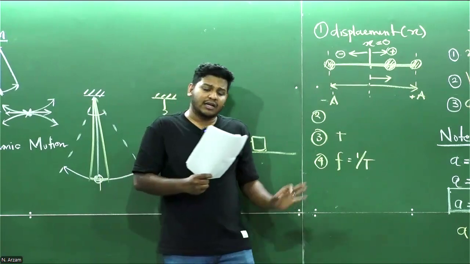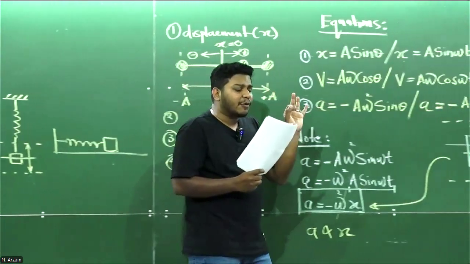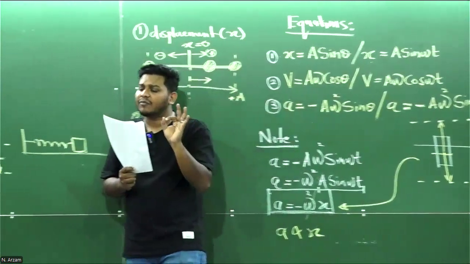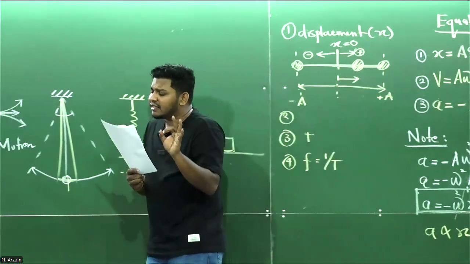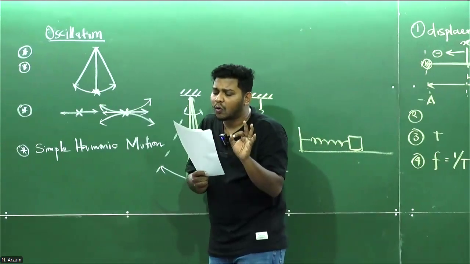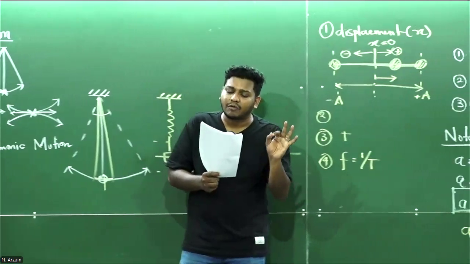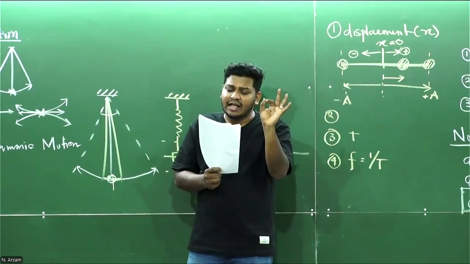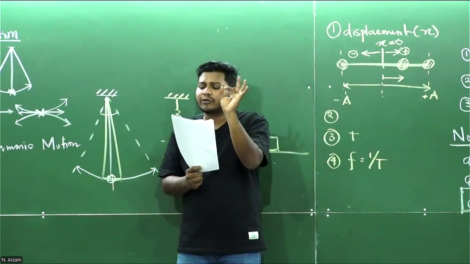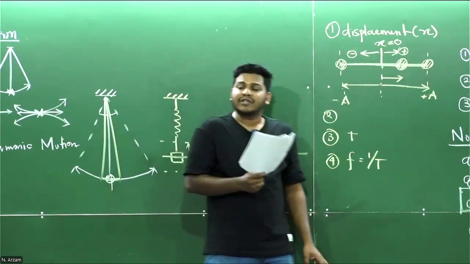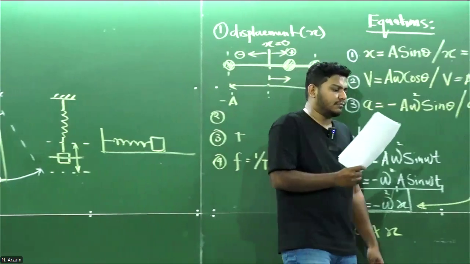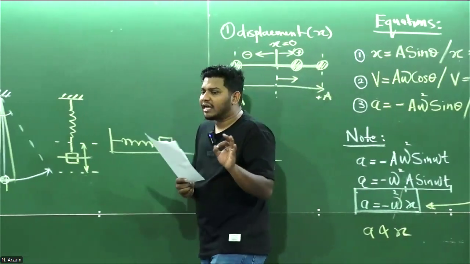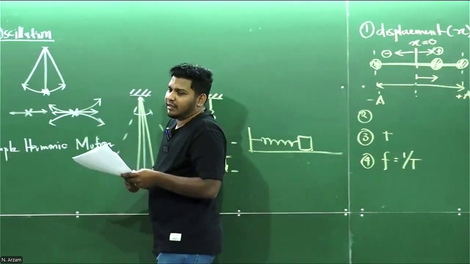Its magnitude being directly proportional to the distance from the same point, then the motion of the body is called simple harmonic motion. Please highlight the point. These are the two main points.